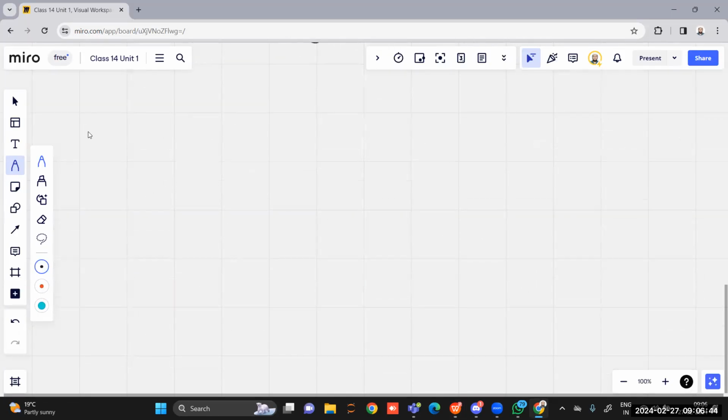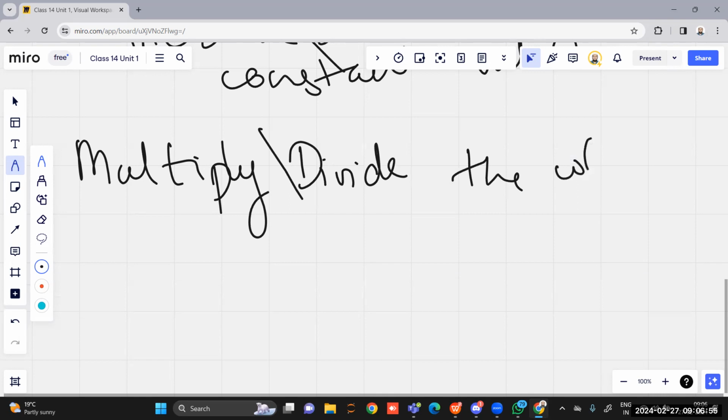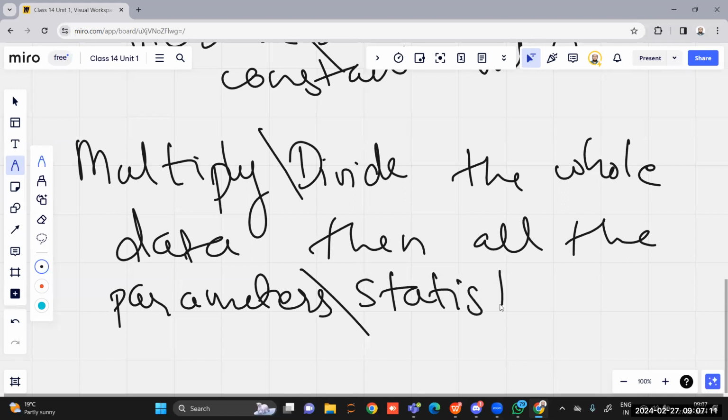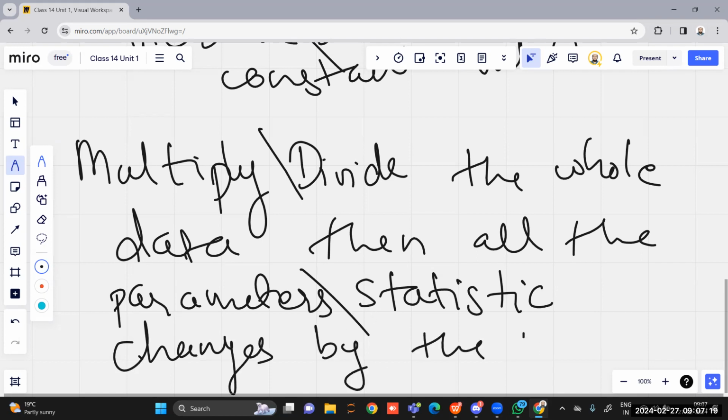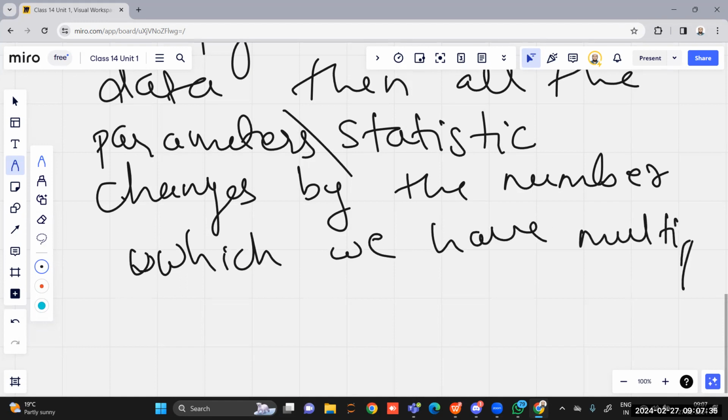So when we multiply or divide the whole data, then all the parameters, or statistics you can say, change by the number which we have multiplied or divided with.